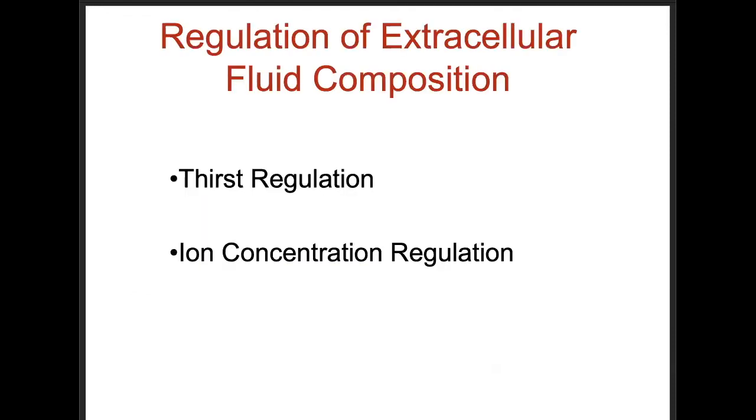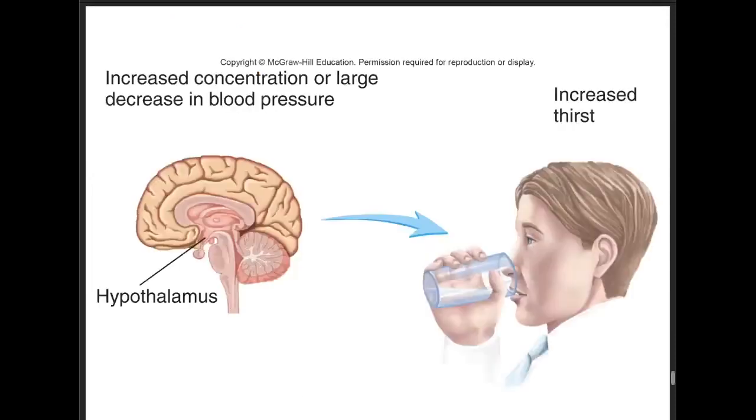Okay. Now we have here your thirst regulation. We also have the ion concentration regulation. So what are these? You can see here, the thirst regulation, water intake is actually controlled by the hypothalamus. The hypothalamus is the thirst center of the human being. If we are feeling thirsty, your hypothalamus will actually act. Okay.